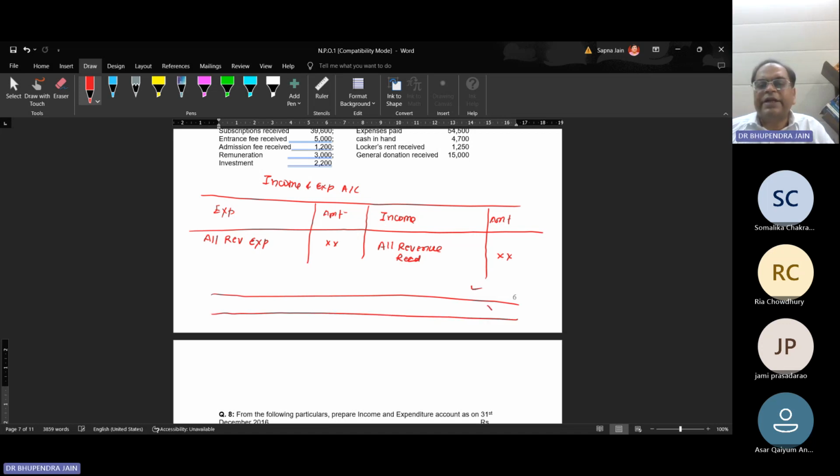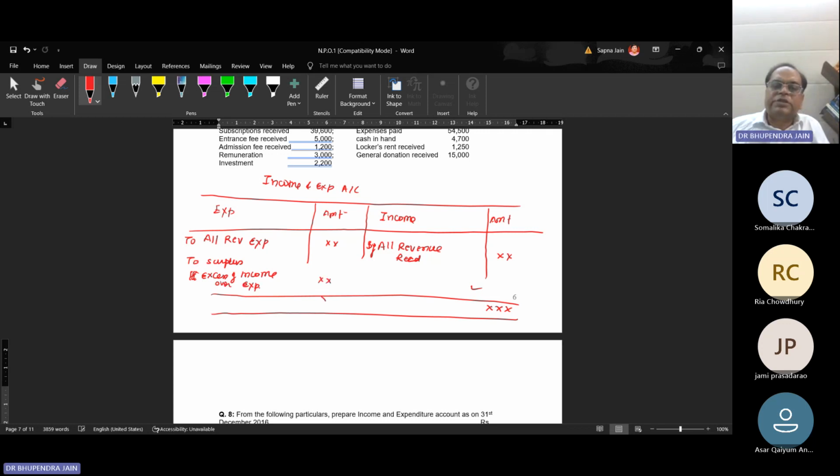First, make the total of the credit side. Here we write To, here we write By. If the income side is more than the expenditure side, the difference is the surplus. The difference is the surplus, which is written here in brackets as excess of income over expenditure.